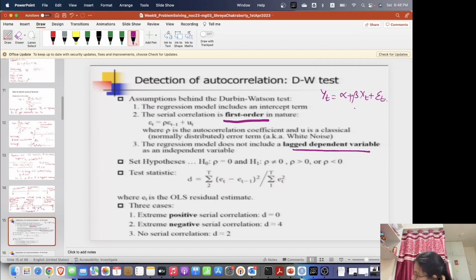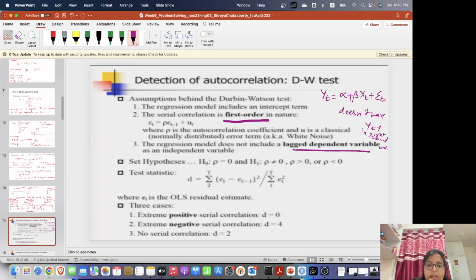This is the regression equation from where we are checking if the residuals are serially correlated. So this one doesn't have yt minus 1 on the right hand side. So we can use the Durbin-Watson statistic to get the calculations.